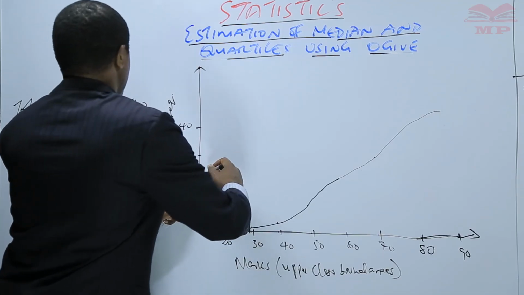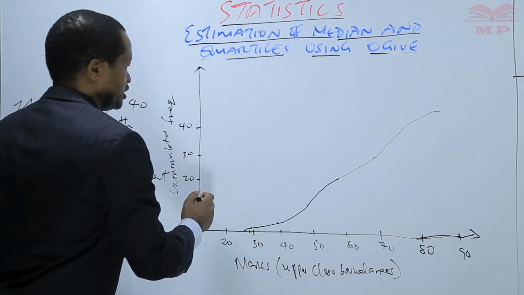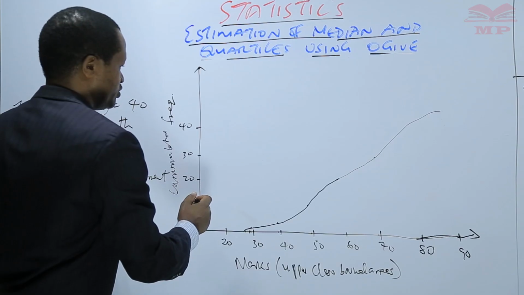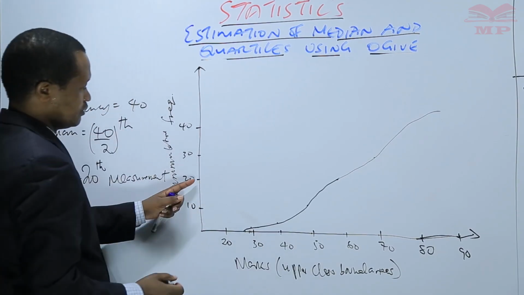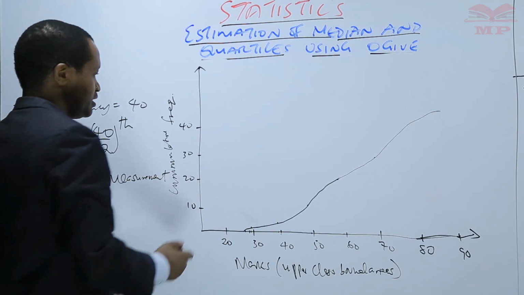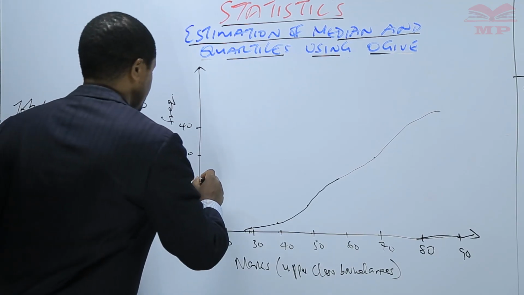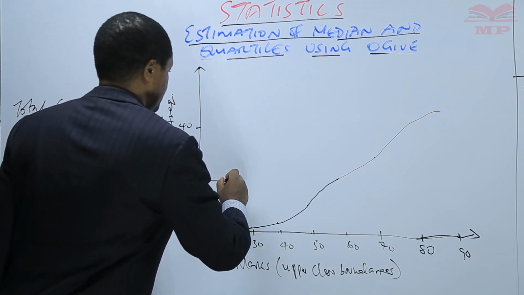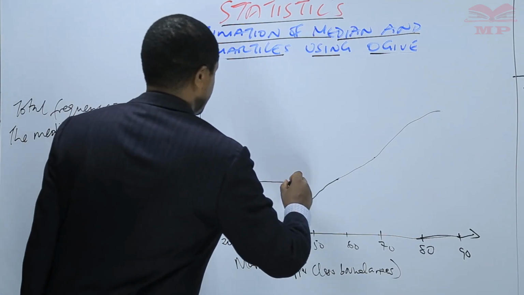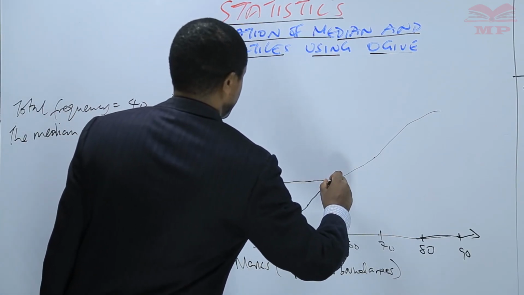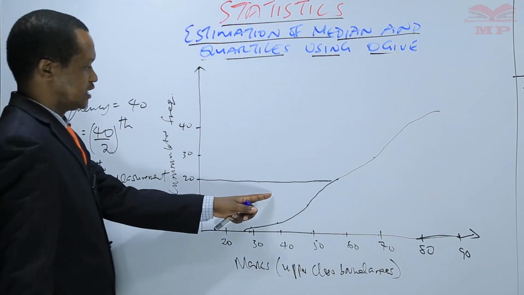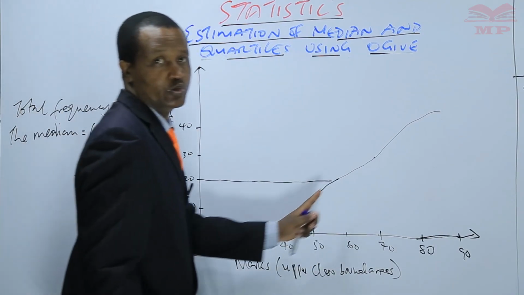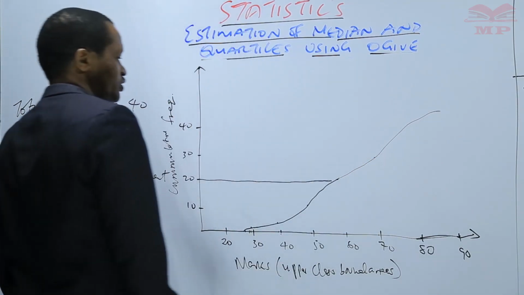So we are going to draw a line across the graph from the 20th measurement until it cuts the ogive.